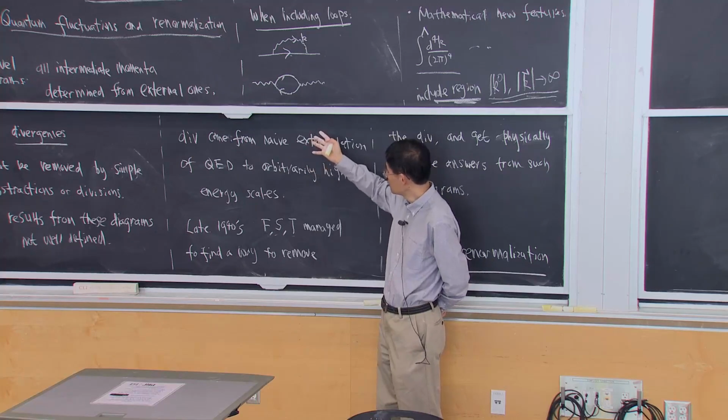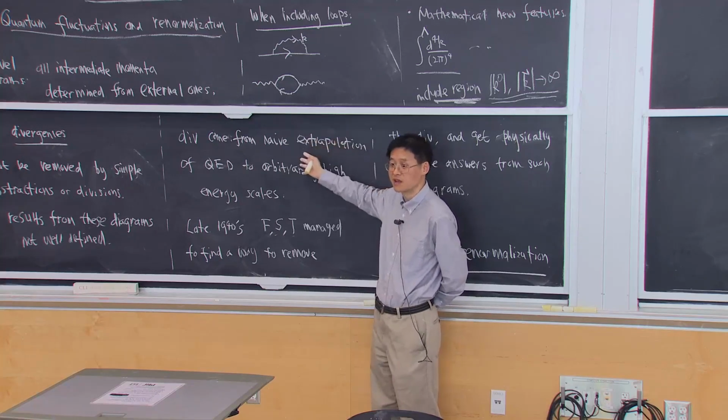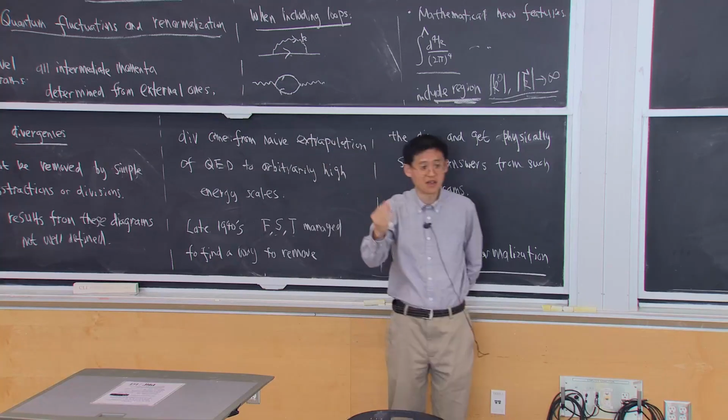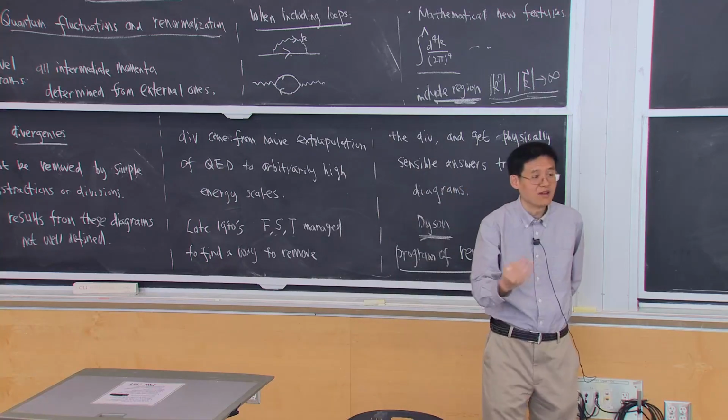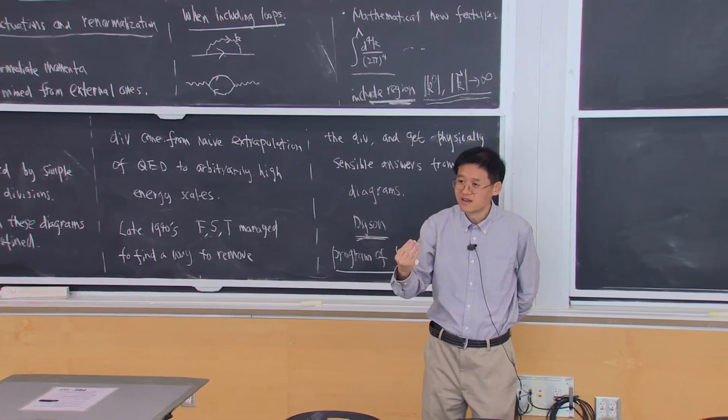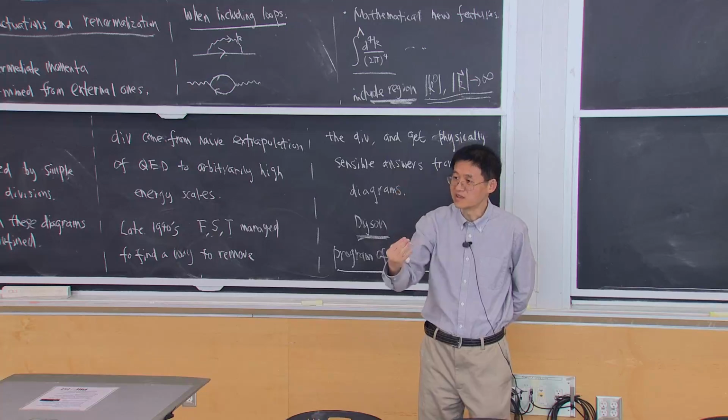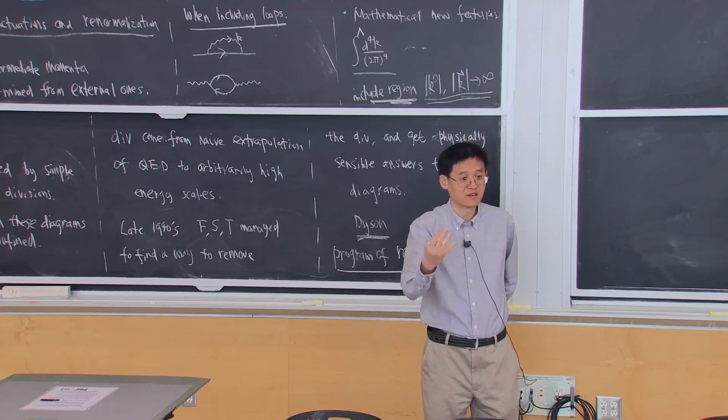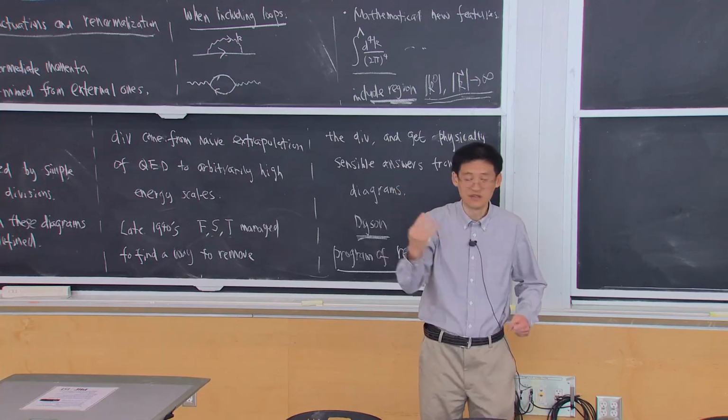As I mentioned, we do know where the divergences come from. Divergences come from our lack of understanding of short distance physics. And normally you believe you can only cure the divergence if you understand that physics. If you don't understand that physics, how do you cure that divergence?